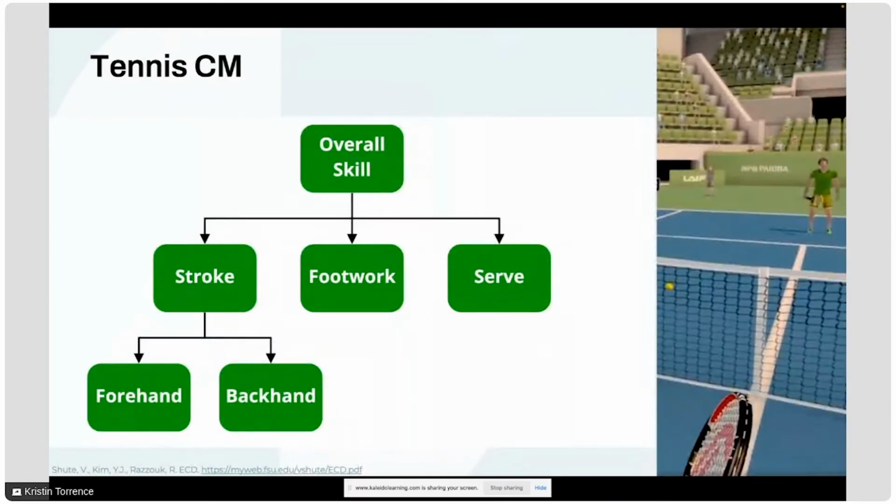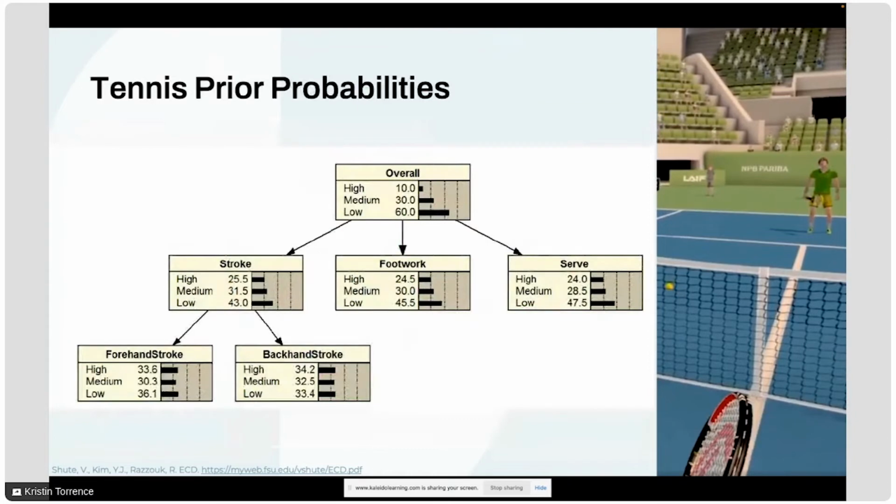So we can think back to our tennis competency model example again to get back to basics. Remember that overall skill was further broken down into stroke, footwork, and serve, and forehand and backhand. Now, here is an example of the probability distribution of the variables.